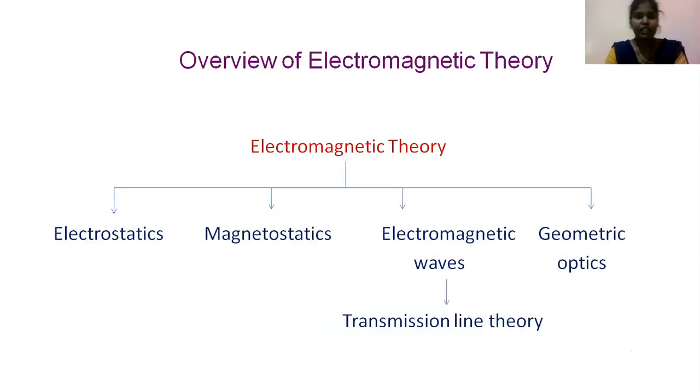So let me go to the next slide. I discussed the overview of electromagnetic theory. Electromagnetic theory has four parts: electrostatics, magnetostatics, electromagnetic waves, and geometric optics. Electrostatics is a branch of electromagnetic theory that deals with charges at rest; the study of those electric charges comes under electrostatics.